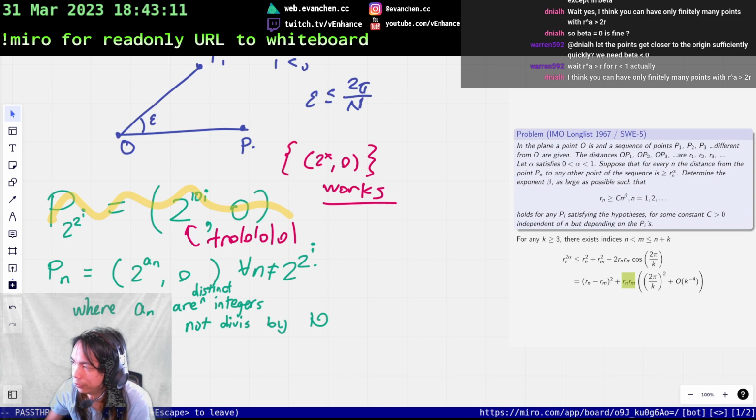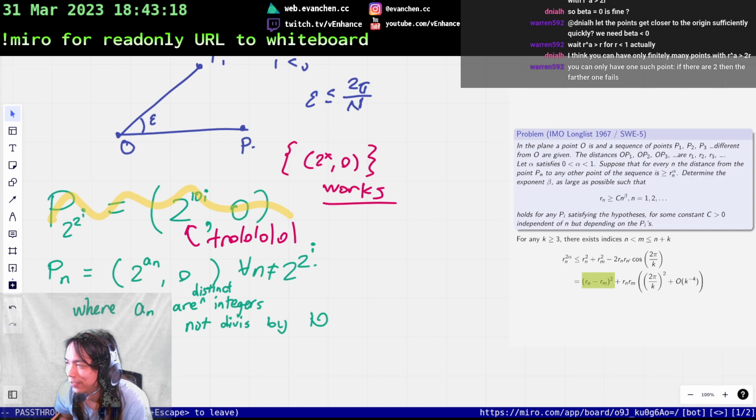Yeah, there's just no way. You take k big enough such that it wipes this junk out. This thing will be at most epsilon squared-ish, right? And this is like epsilon to the 2 alpha, and alpha is less than 1. And then you pick k big enough that... Yeah, there's no way.